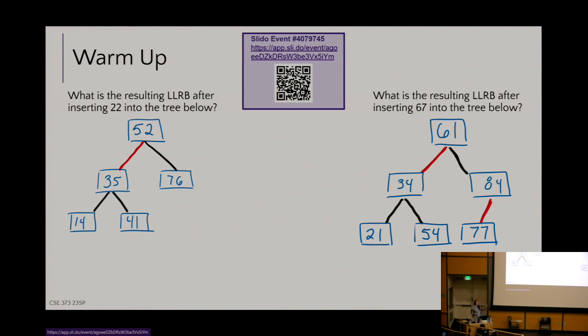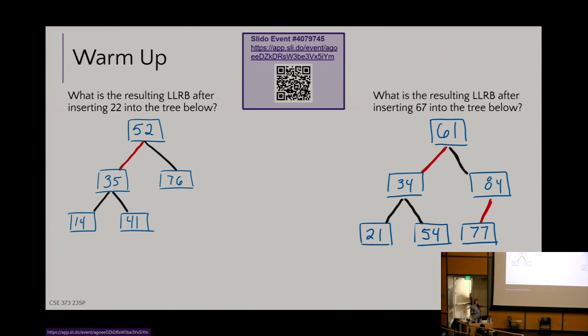So right off the bat, are these two trees currently valid red-black trees? Yes. Hopefully you can see they satisfy those three properties. They are BSTs. They have the same number of levels of black connections from any given node down to null, and all red links are pointing to the left.